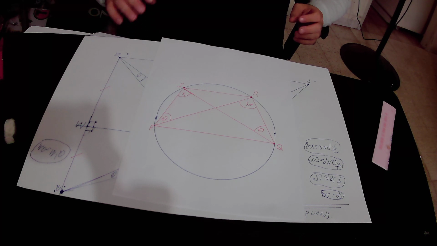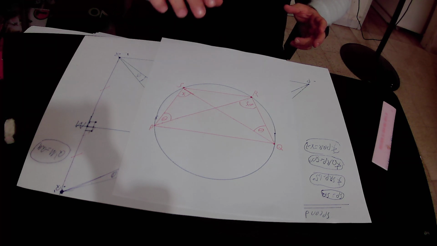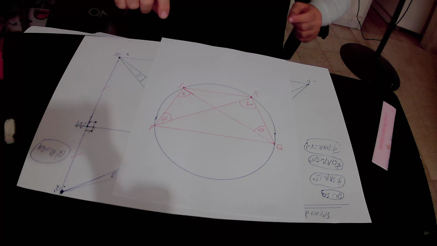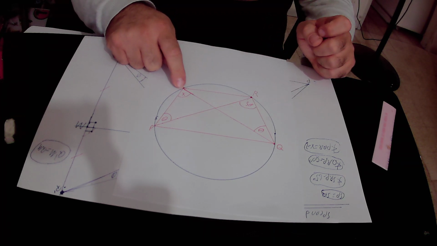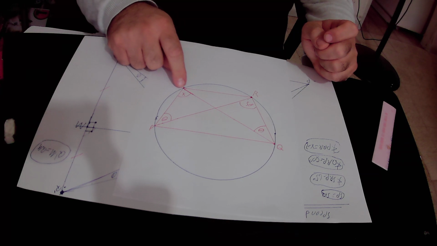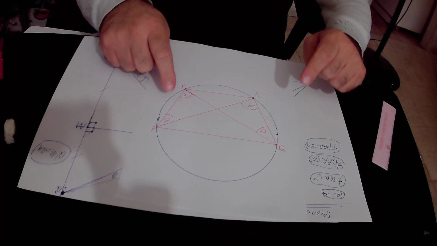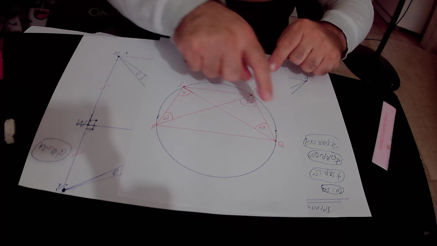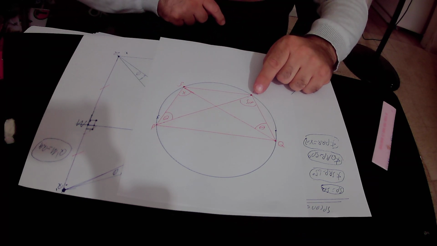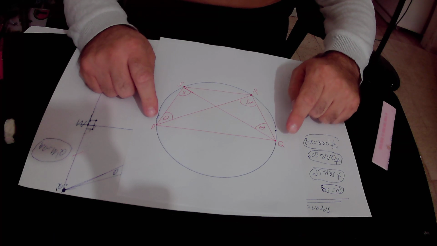And we have also rule number 3, which states that peripheral angles that subtend on the same chord are equal to each other. And we have those two peripheral angles. Peripheral angle PSQ that equals X subtends on chord PQ, and peripheral angle PRQ that equals 50 degrees subtends on the same chord PQ.